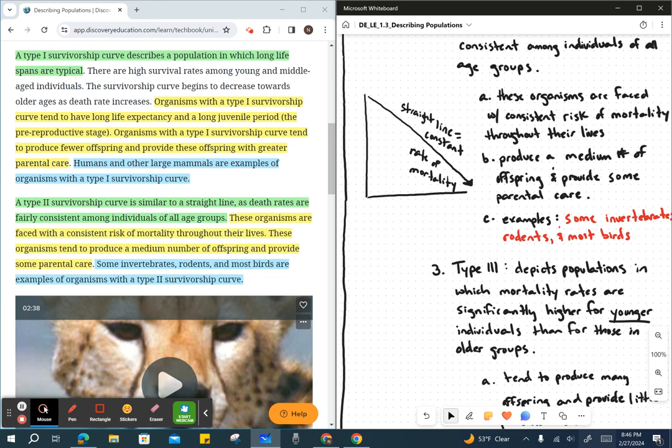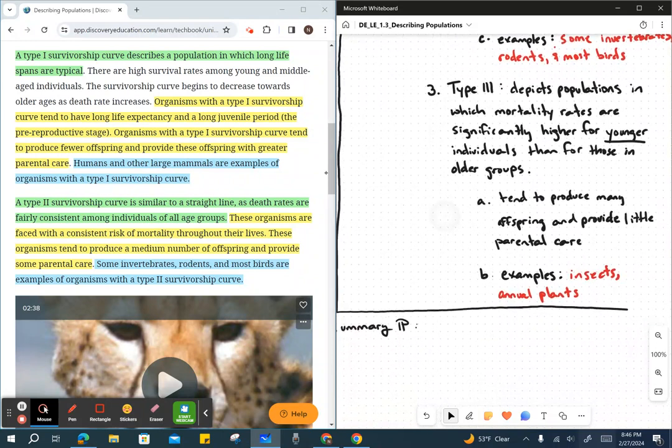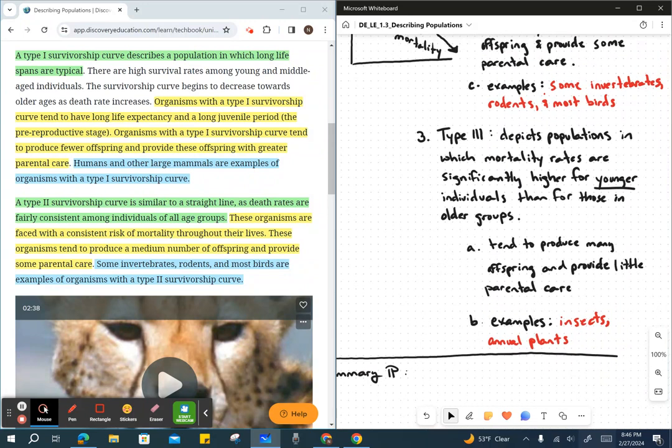So constant rate of mortality. And when I think of rodents, I think about, say, a rabbit, for example. It's born, and there's a good chance that rabbit's not going to survive in its younger life. It's going to get eaten up by an owl or a cat or a dog. And as it gets into middle life and older life, it's going to continue to face those risks, right?